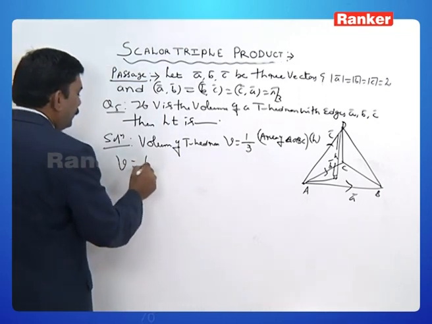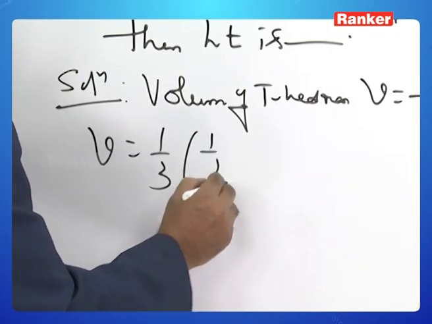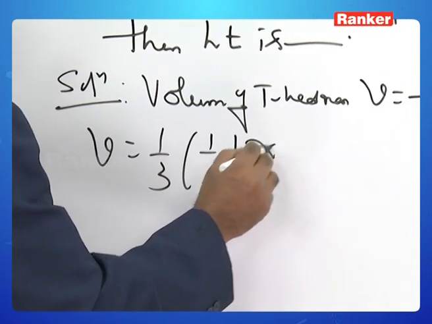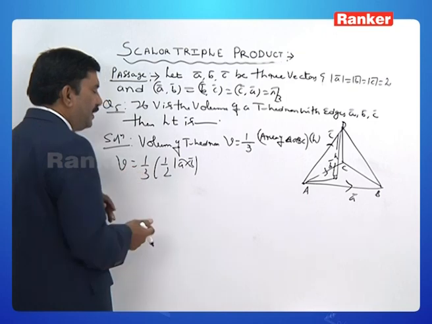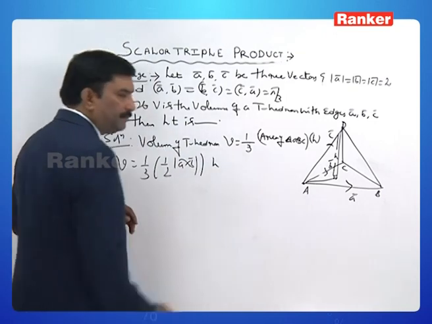I can write 1 by 3 into 1 by 2 into A bar cross B bar. Why? The area of a triangle with sides A bar and B bar is half of A cross B. Into height.